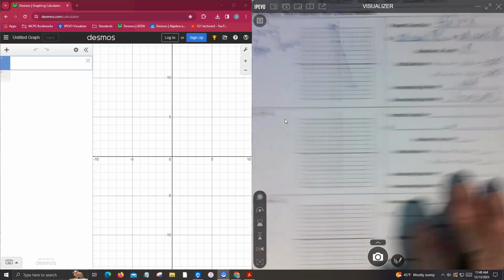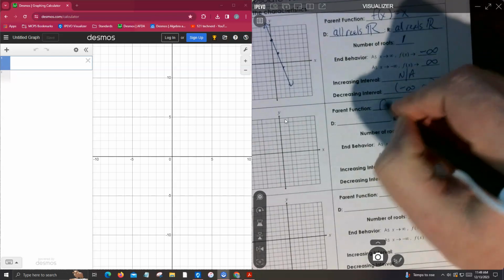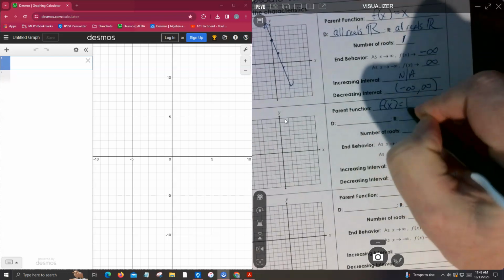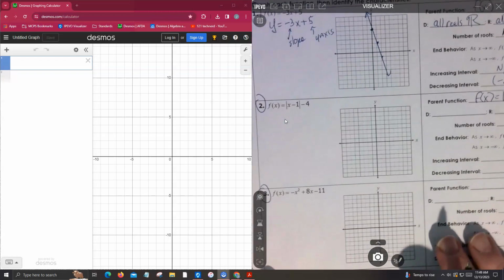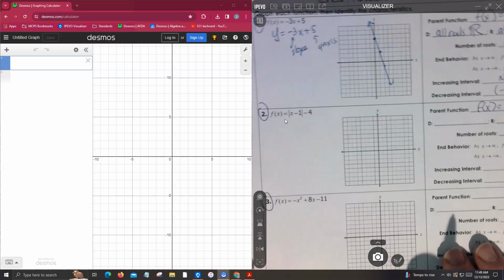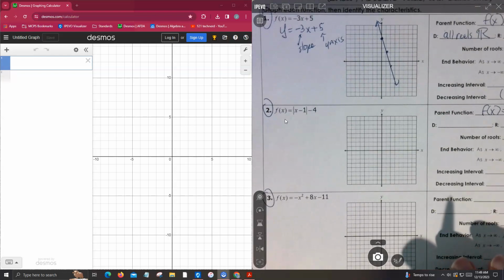All right, so this is an absolute value. So we're going to put f of x is equal to the absolute value of x. Okay, now let's talk about what's going on with this function. At this point in the game, you should be able to tell me whether it's stretching, shrinking, flipped, or moving to the right or left, up or down.